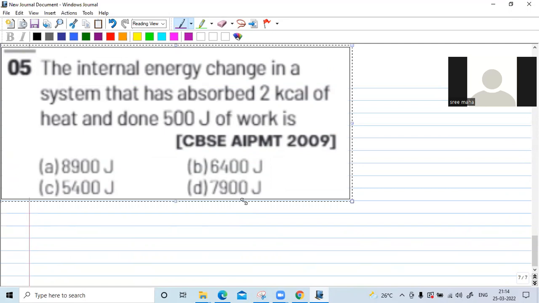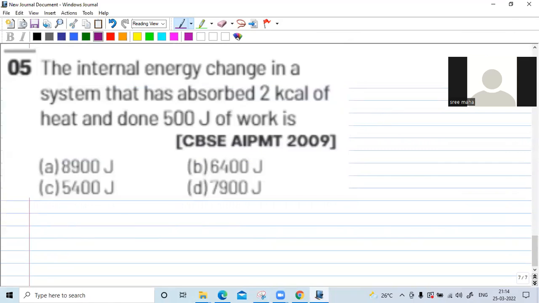This is a trivial question. Delta Q is... the system absorbed 2 kilocalories.